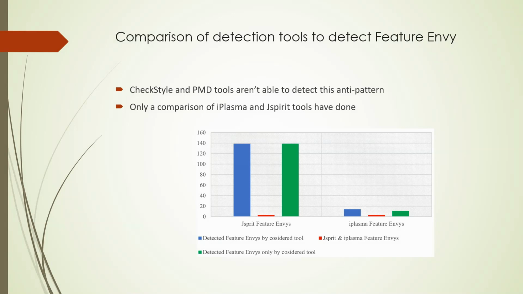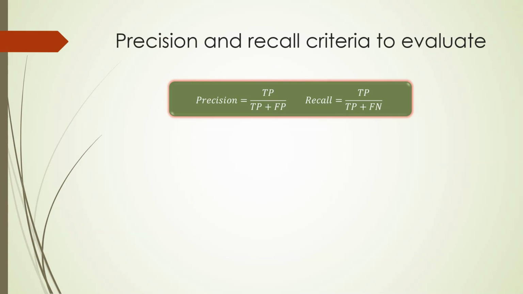You can see JSPRIT can detect more anti-patterns than iPlasma.